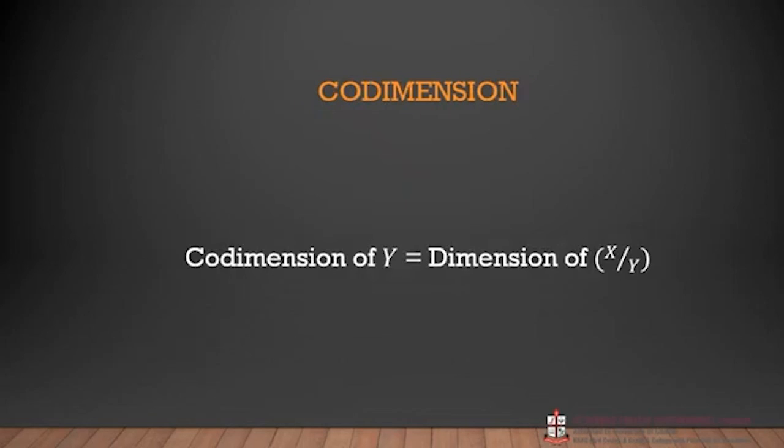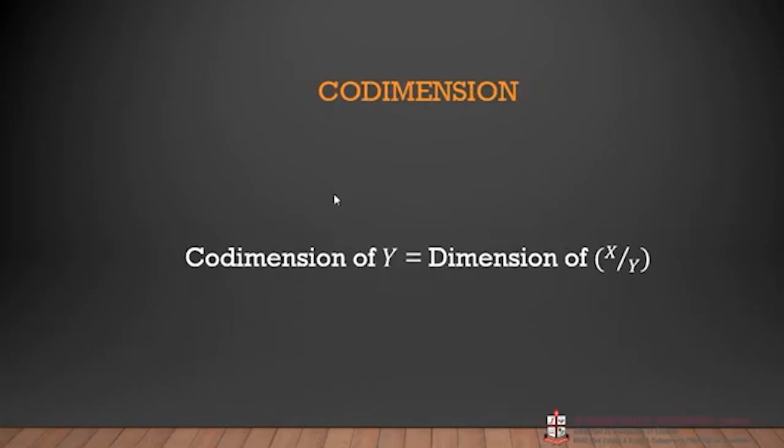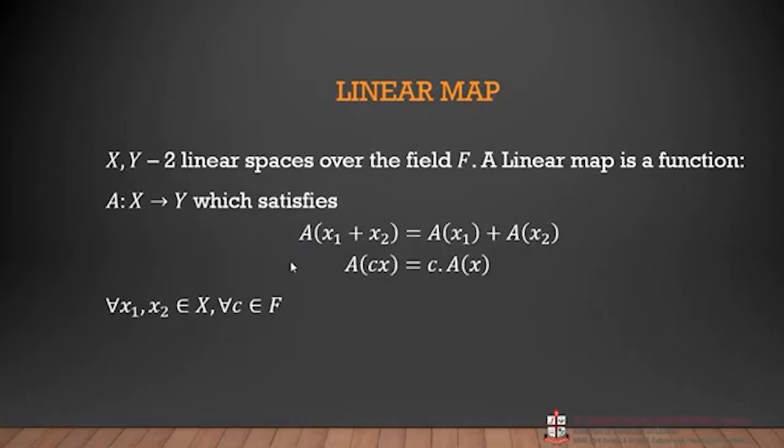And since this X over Y is a linear space, it will have a dimension. That dimension is known as the codimension of Y. Now, you know what is meant by a linear map. Suppose we have two linear spaces over the same field F. This is a must.